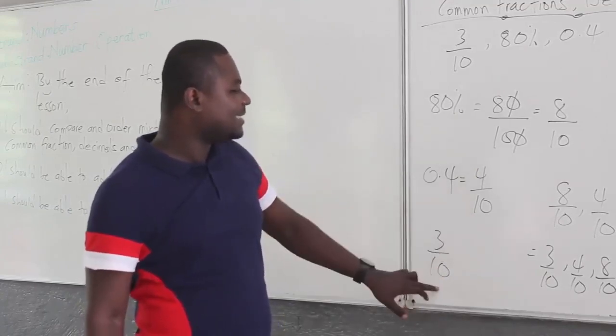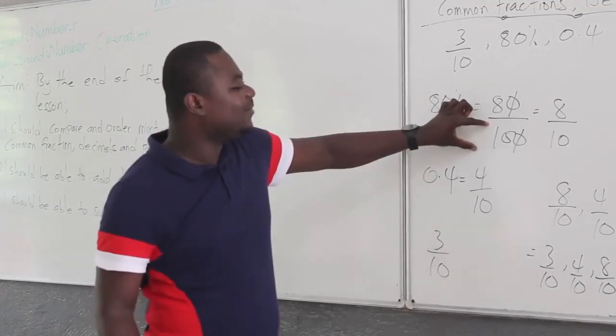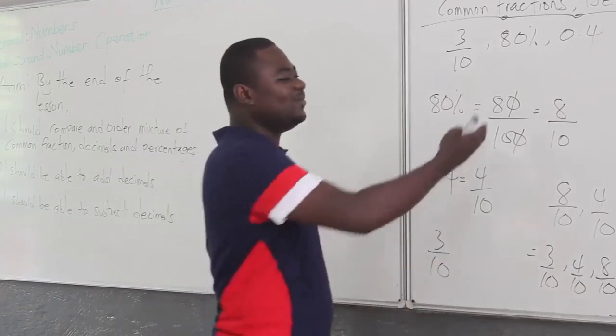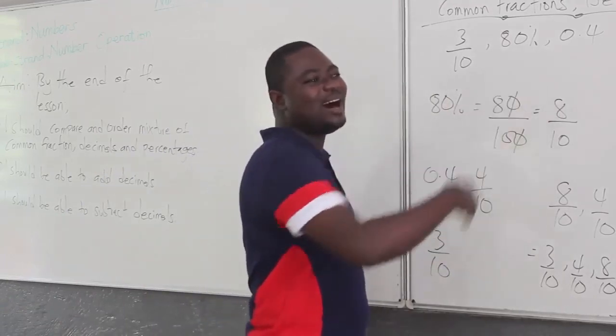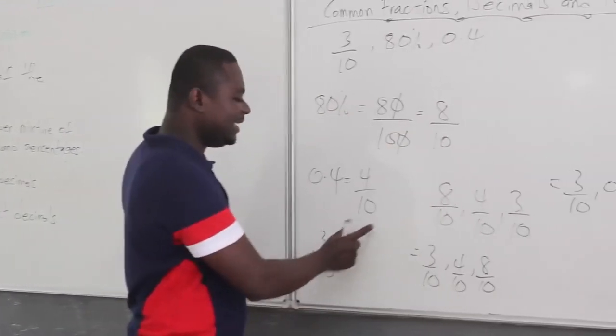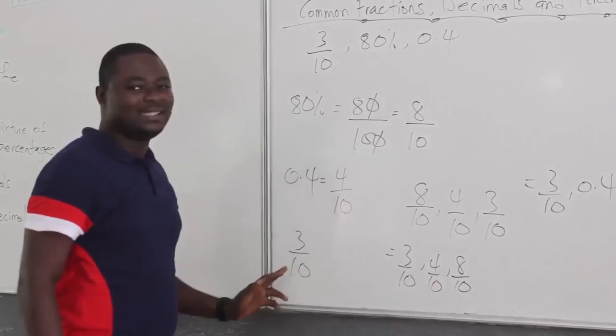Now we make sure this denominator is also 10. In doing that, we cancel one 0 out of the numerator and the denominator. So we now have 10, 10, 10. We then compare using the numerators.